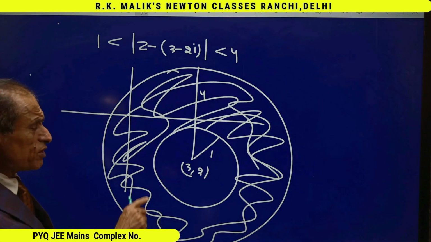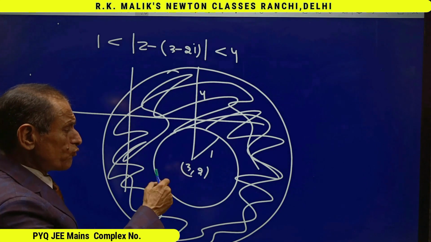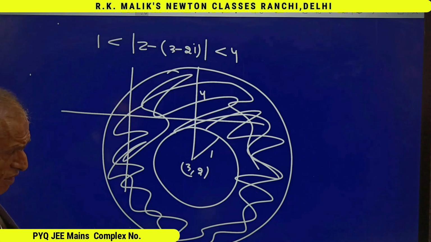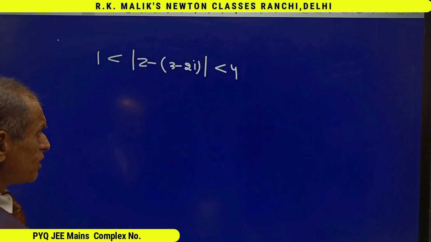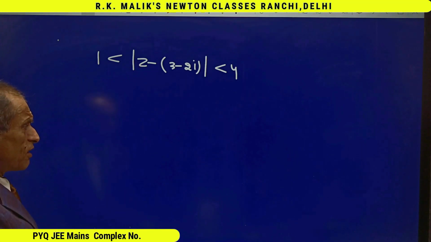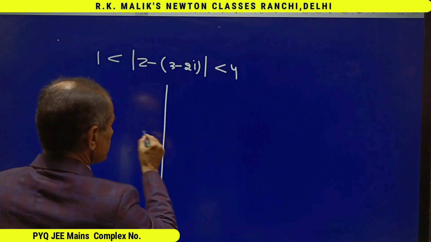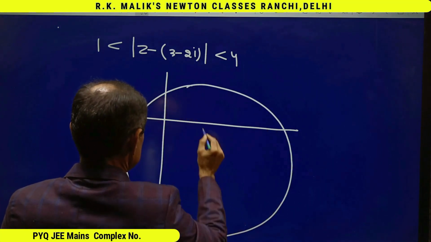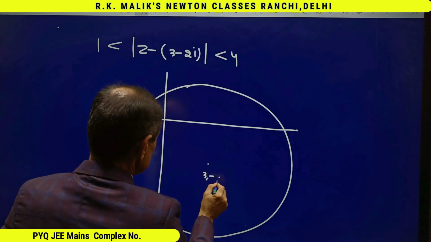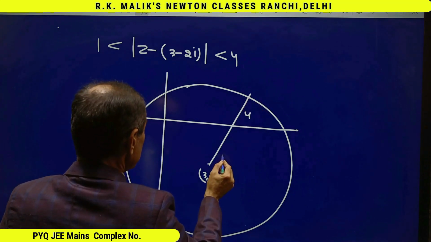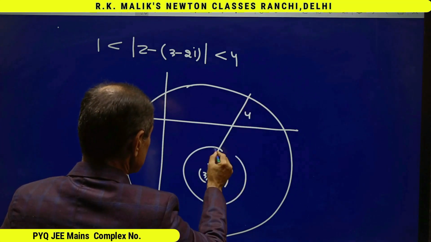But we know that when we subtract 3 or 2 from some integer, after subtraction it will still remain an integer. And using the distance formula, I can easily say that this equation represents the set of all those points which lie between two circles, both having center 3, minus 2, one having radius 4, the other having radius 1.